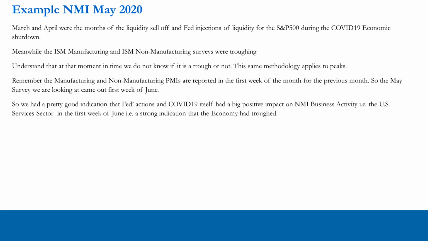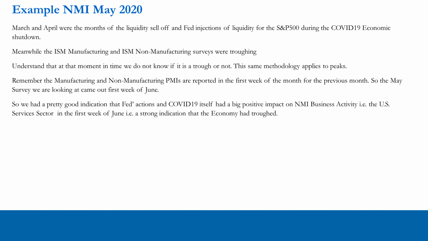So March and April were the months of the liquidity sell-off and Fed injections of liquidity into the financial markets, so for the bond market and for the S&P 500 during that COVID-19 economic shutdown. Meanwhile, at the same time, the ISM manufacturing index and the ISM non-manufacturing surveys were actually troughing. We got given that signal.